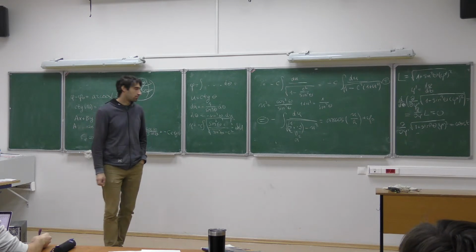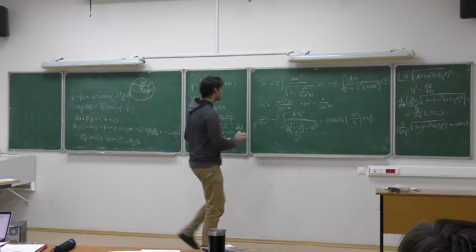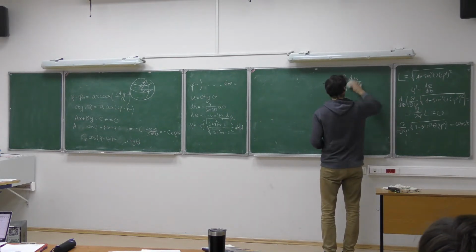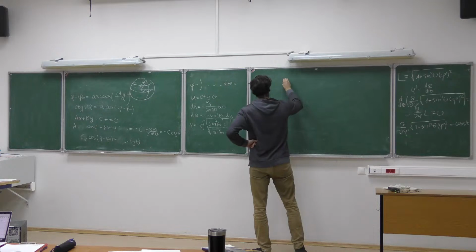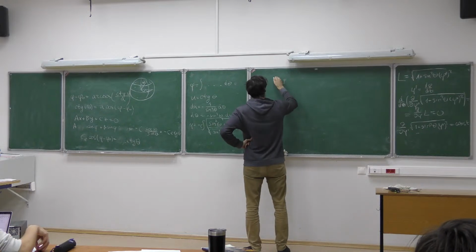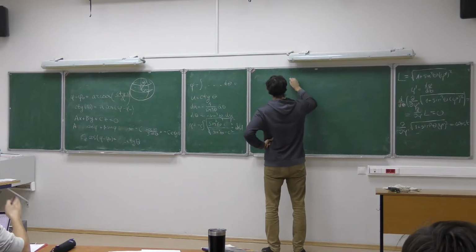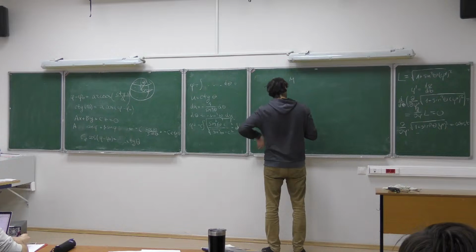So suppose that you have a point P and you have a neighborhood N inside your manifold, and suppose that you found a diffeomorphism like this.